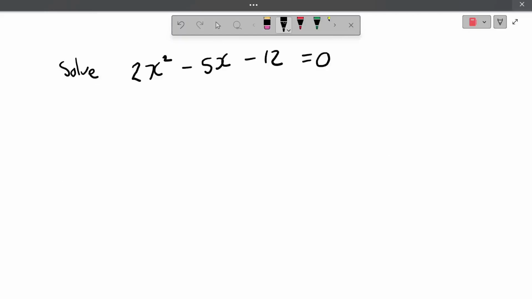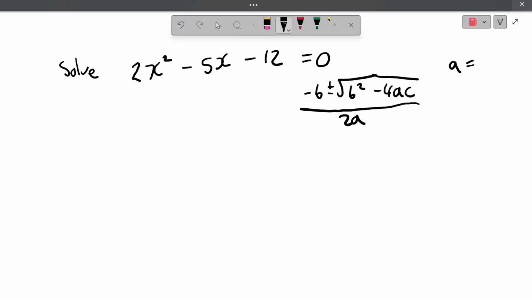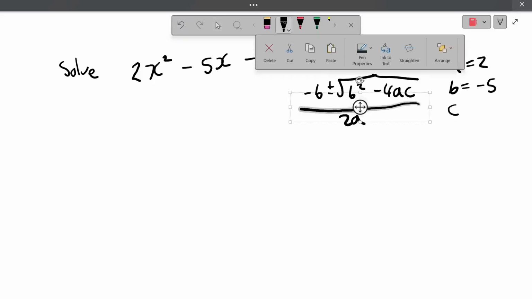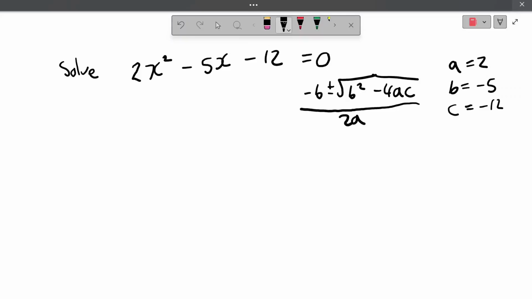So what about this next one? This is basically the same. The quadratic formula is minus b plus or minus the square root of b squared minus 4ac all over 2a. a is the number of x squared, which is 2. b is the number of x's, which is minus 5. And c is the number of units, which is minus 12.